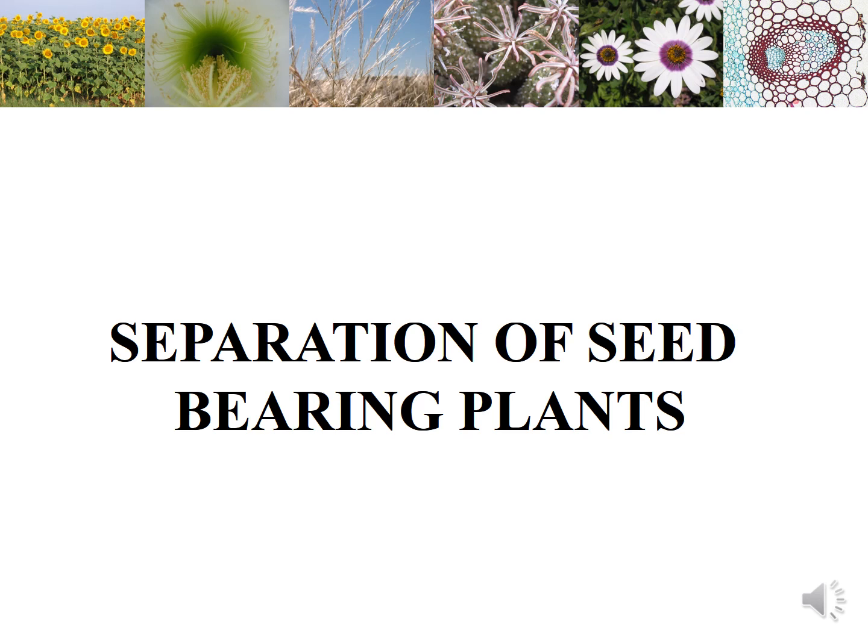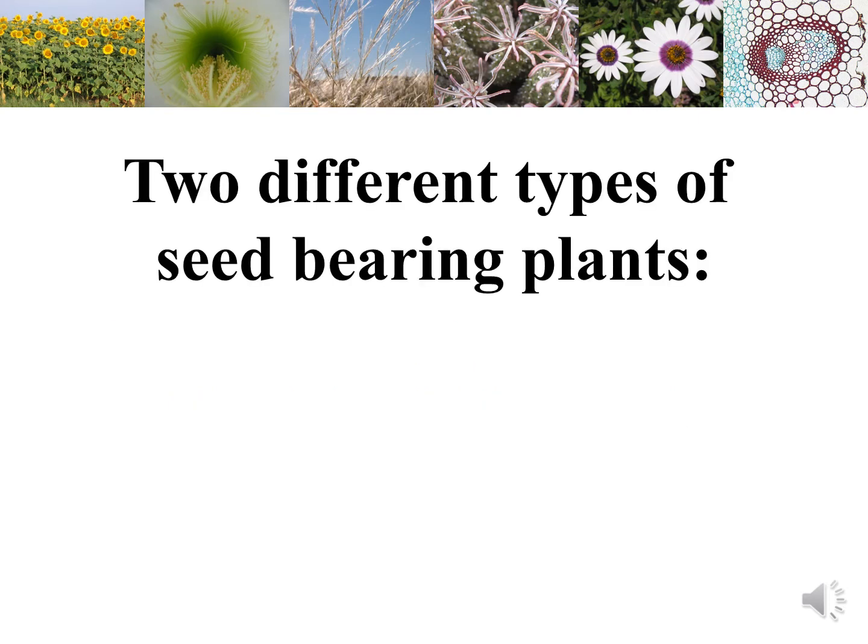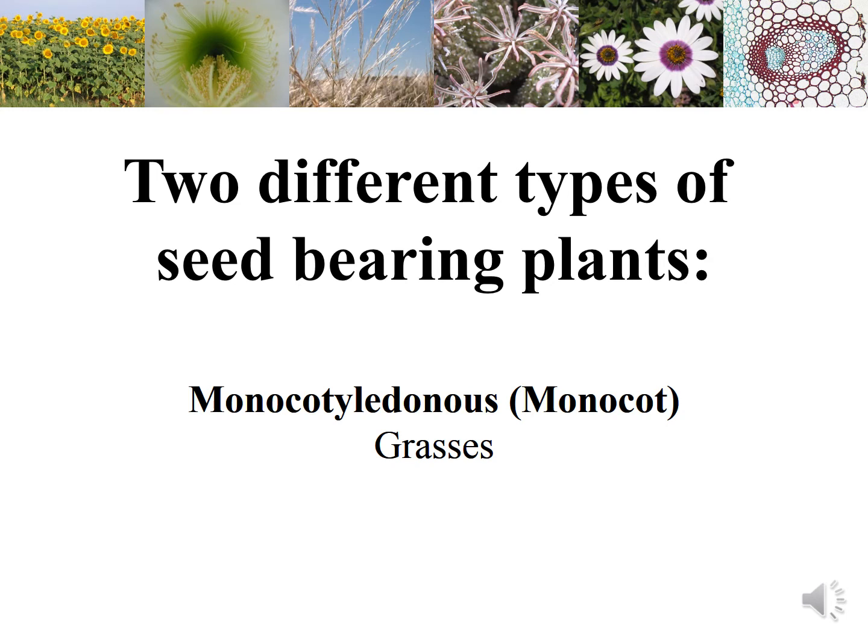The last part that you need to know about an introduction to plants is something that we will use throughout this botany course, and that is the fact that all seed-bearing plants are separated into two groups. The first group is called monocotyledonous or monocot plants, and here we refer mainly to the grasses.